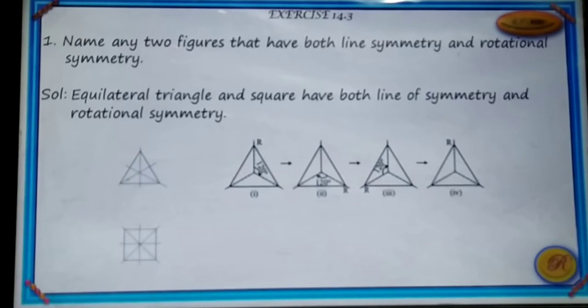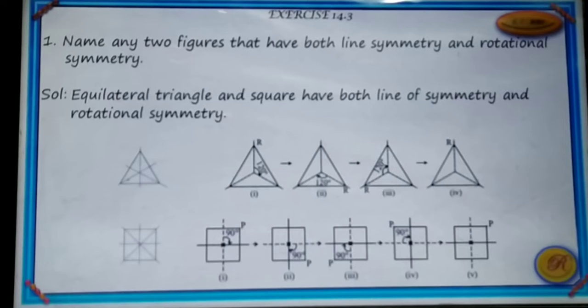Square. Square has 4 lines of symmetry. Angle of rotation is 90 degree. And order of rotation is 4.